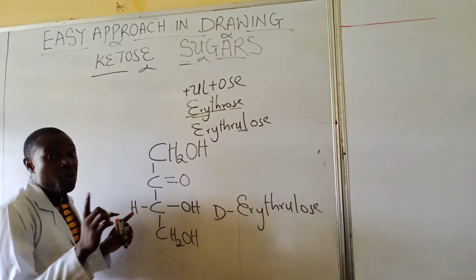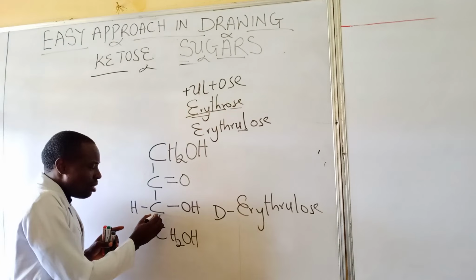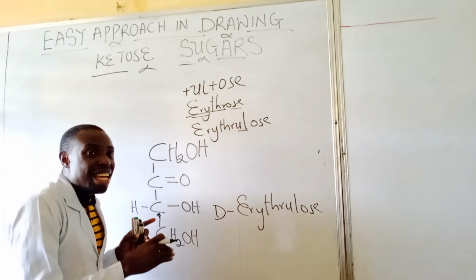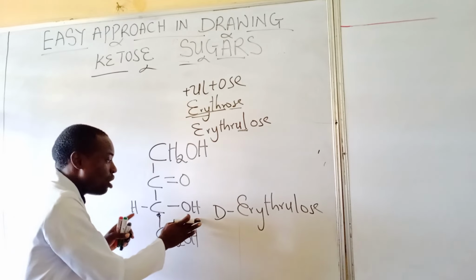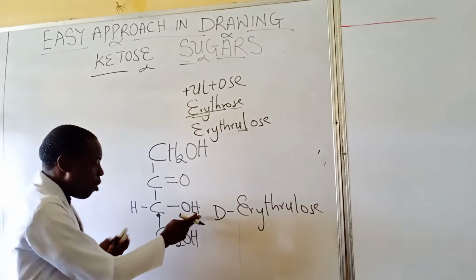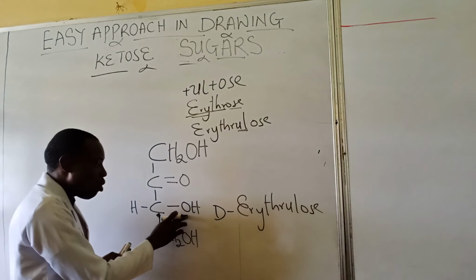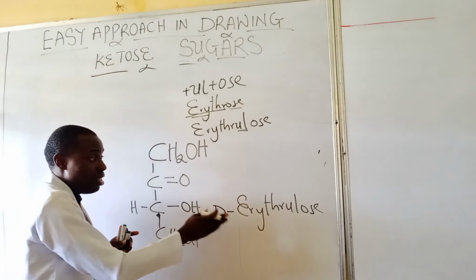Remember we've told in our other video that this last chiral carbon is what denotes the L and the D. The simple approach: if the OH is to the left, it will be L-erythrulose. But now that this OH is to the right, it is D-erythrulose.